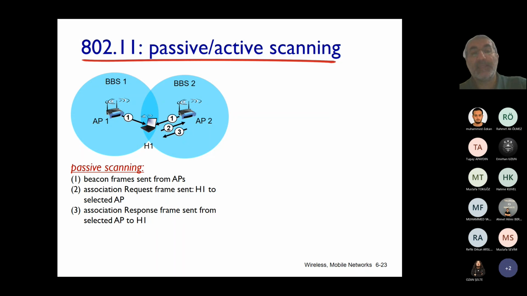Let's say it selects access point 2. So an association request frame is sent from host 1 to the selected access point. Then the selected access point is going to send an association response frame. And then they are connected. So this is called passive scanning.